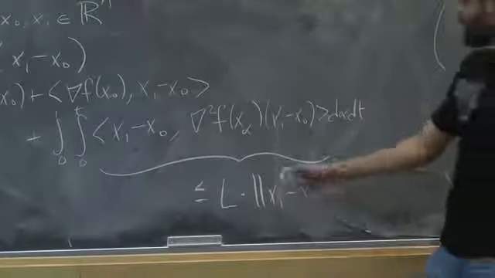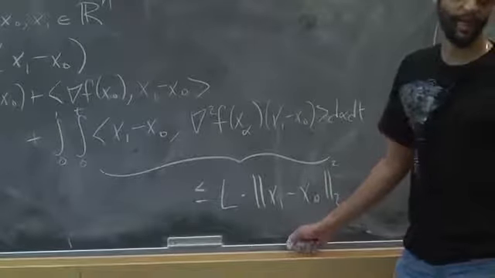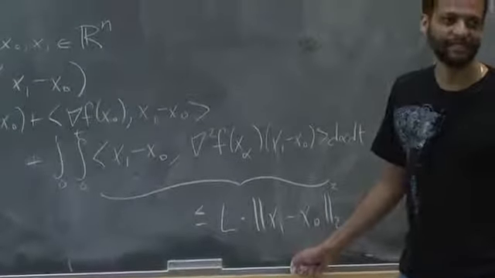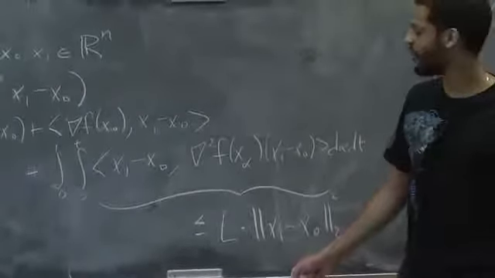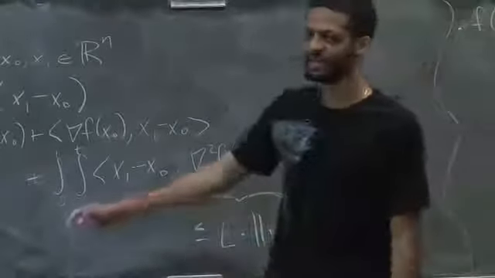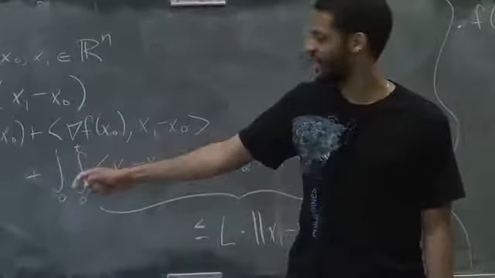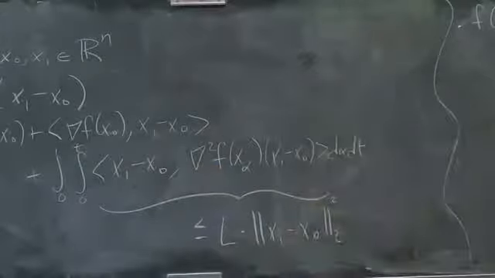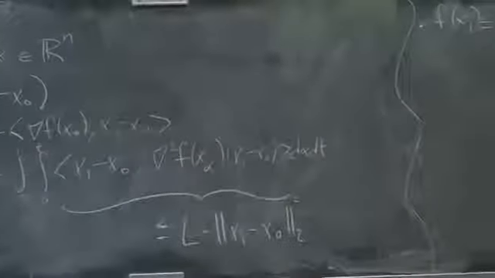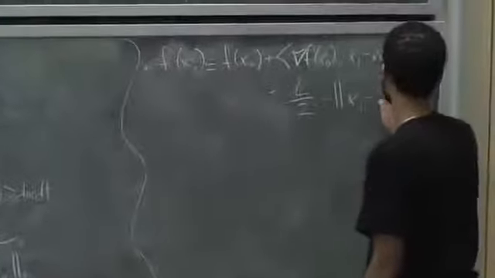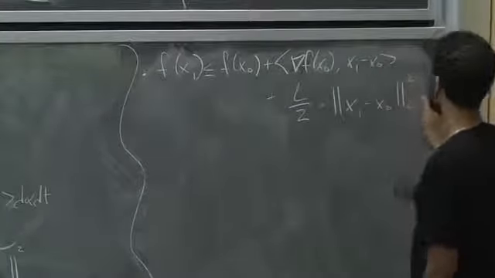This doesn't depend on alpha at all, so integrating alpha from 0 to t just gives t. Integrating t gives t squared over 2, from 0 to 1, that's 1/2. So this is L over 2 times the L2 norm of x1 minus x0 squared.